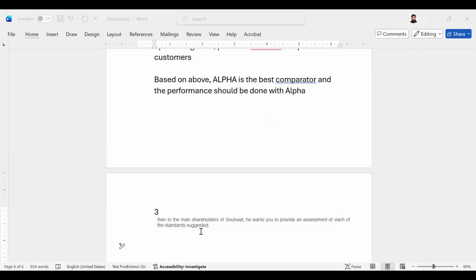He wants you to provide an assessment of each of the standards suggested as per the building block model.